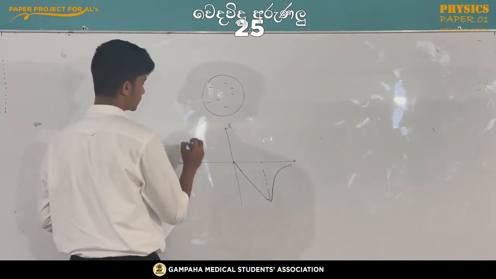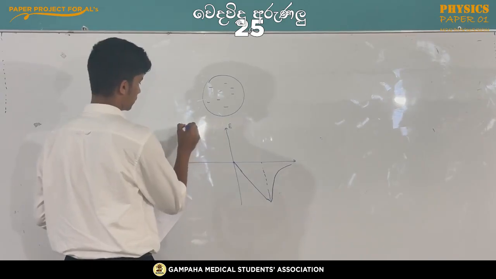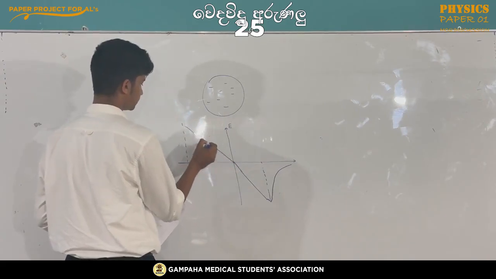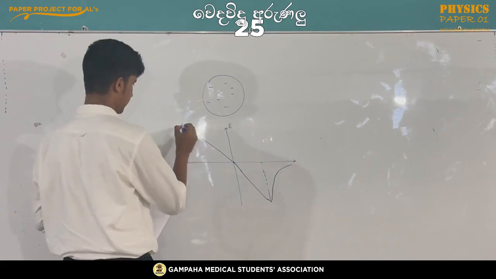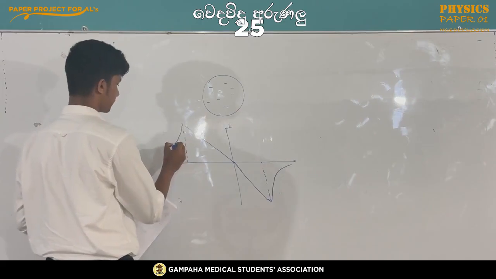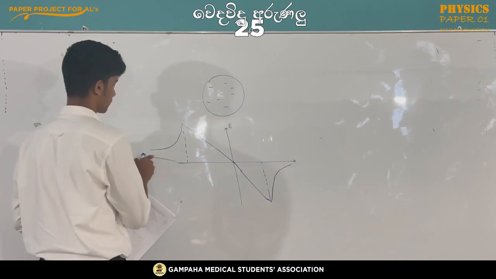When you move towards the left side, it gradually gets more positive, and then once again it gradually decreases after the surface, and it is not linear.